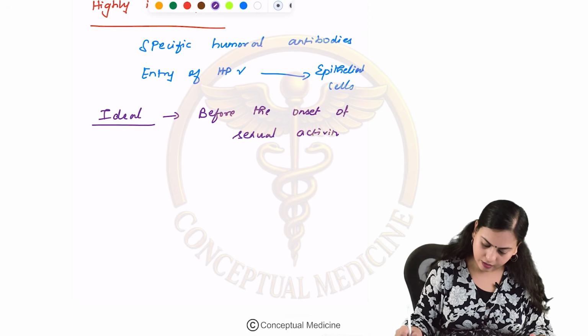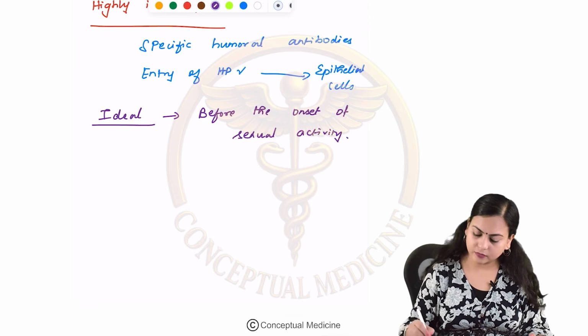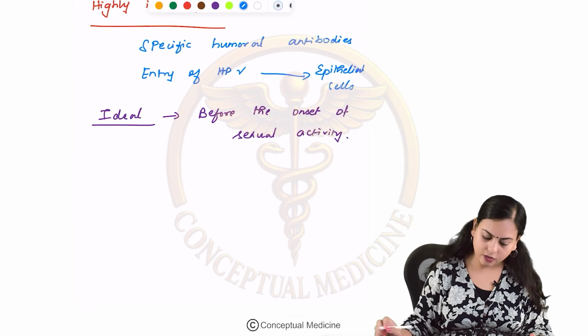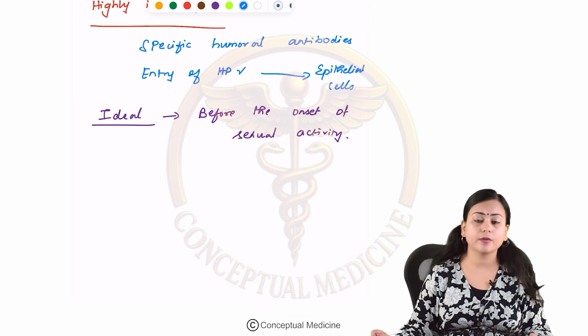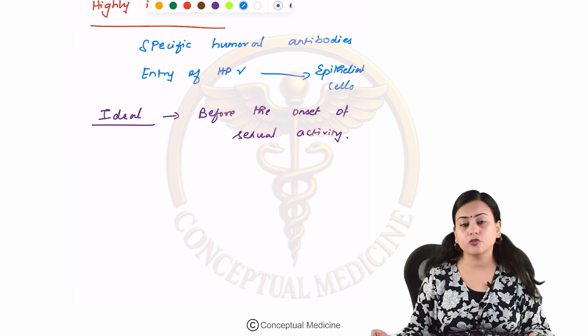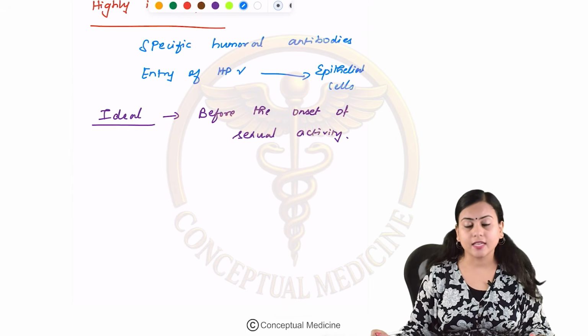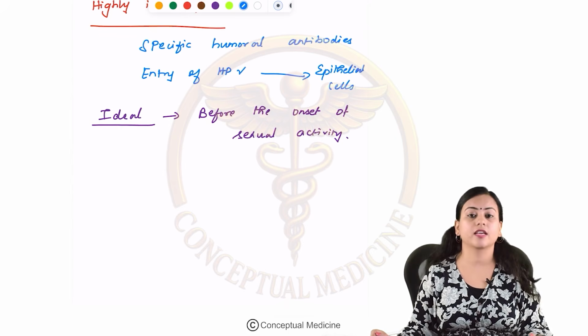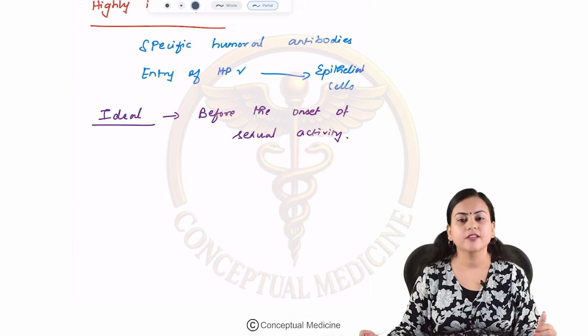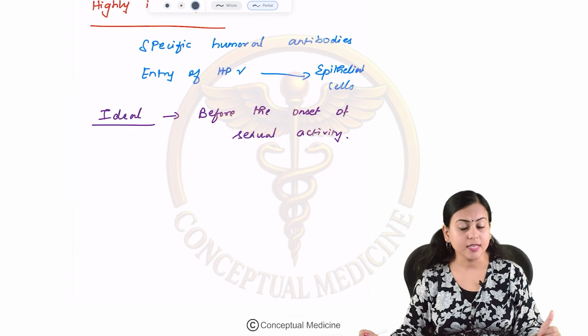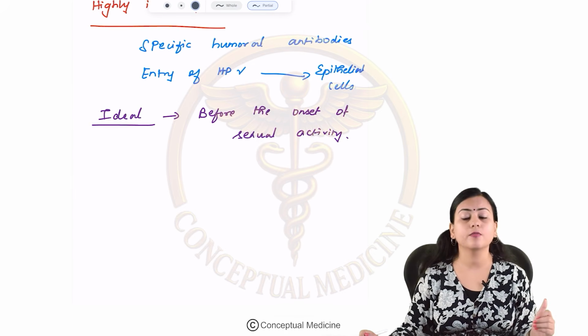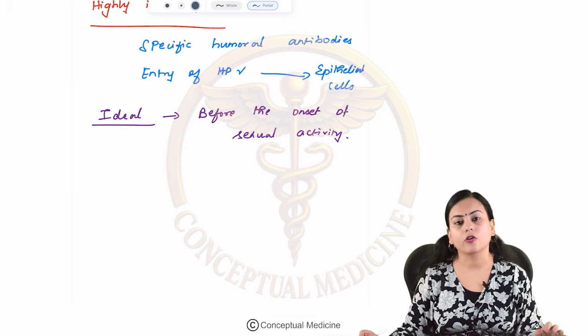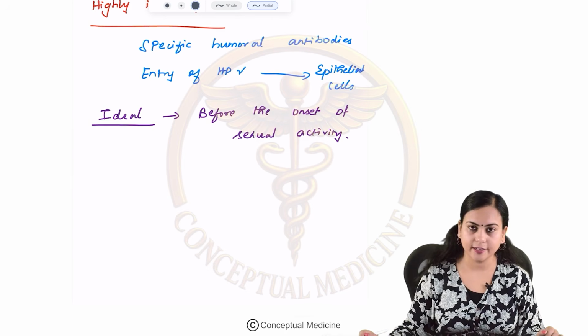However, prior sexual activity, HPV related disease or even a positive HPV test do not stop you from taking this vaccine. There is no absolute contraindication to take this vaccine. Clear? Right.